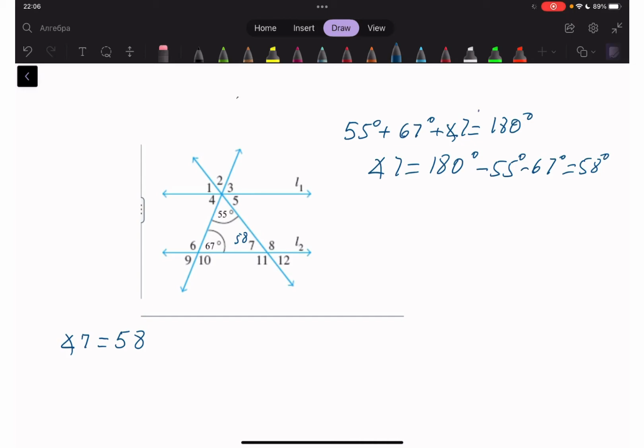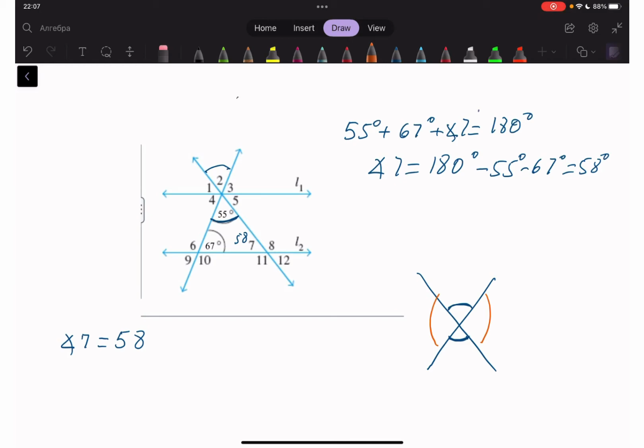Okay, next, what can I say? If this is 55, then this angle is also going to be 55, because when two lines are crossing each other, they generate angles where these two angles are equal to each other, and these two angles are equal to each other.